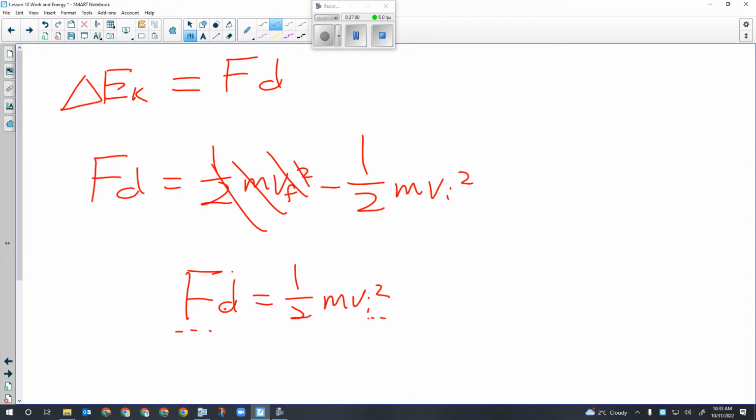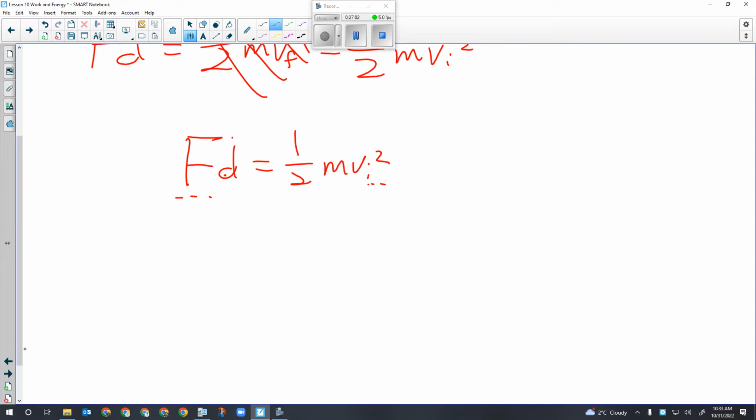So mathematically, if I want to calculate stopping distance, let's say my car can exert 2,500 newtons worth of braking force. I have no idea what the normal braking force of a car is, I'm just picking. I'll make it bigger. Let's say my car can exert 8,000 newtons. Let's say it's really sticky.